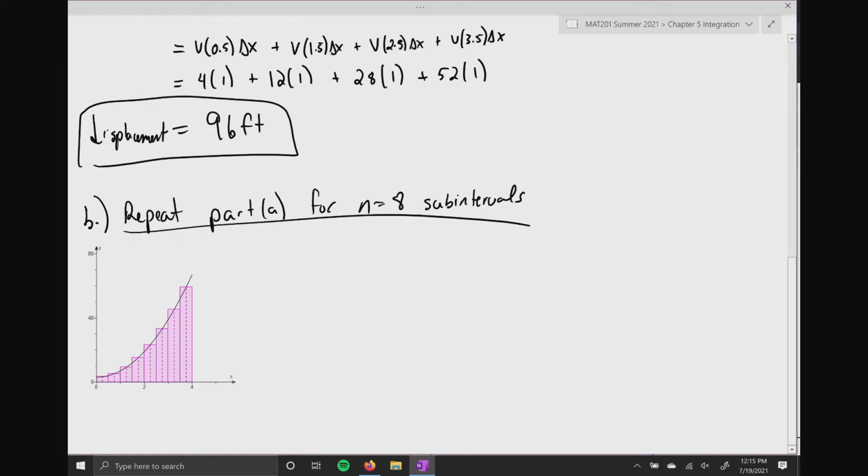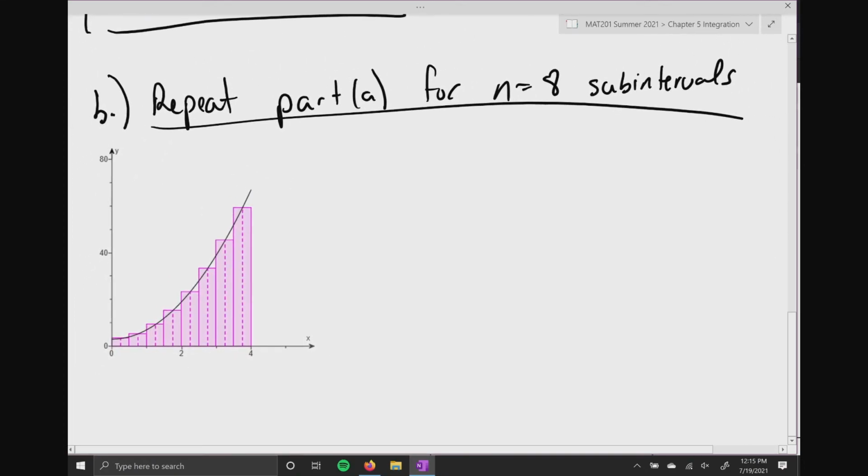So all we're doing here is just making more rectangles. Our displacement for this is just going to equal rectangle 1 plus rectangle 2 all the way up to and including rectangle 8. You're going to have to do this problem the exact same way. It's just all over again.